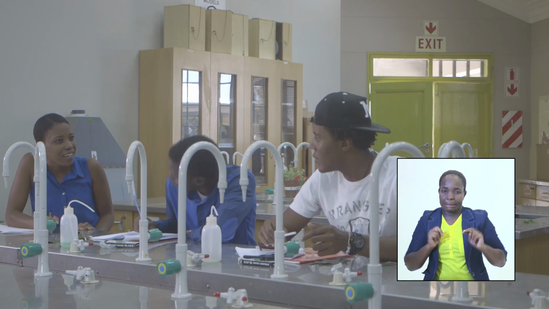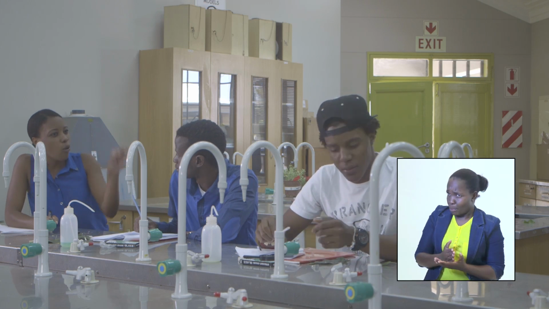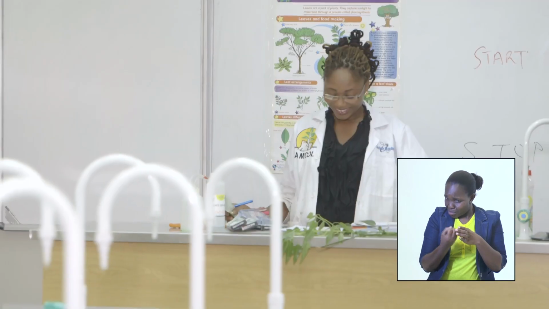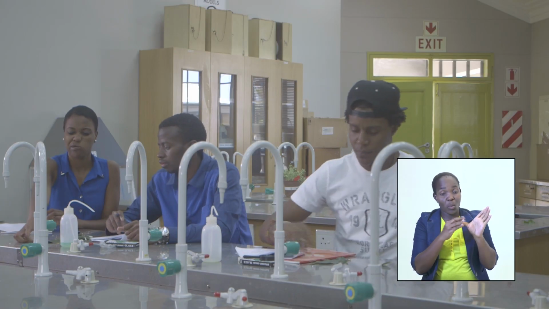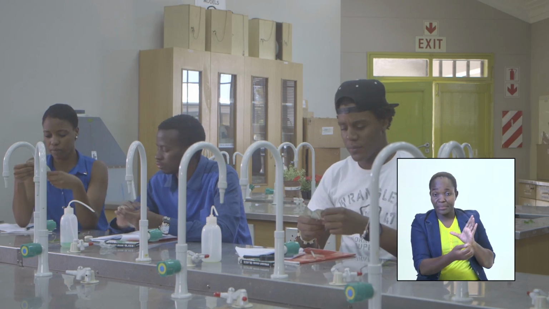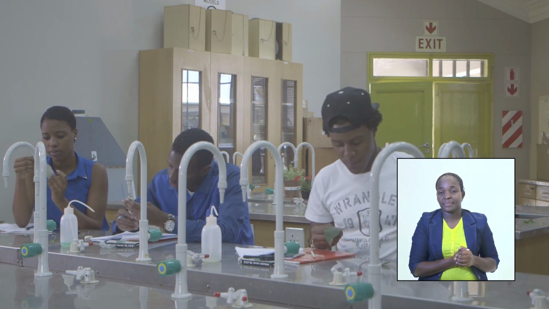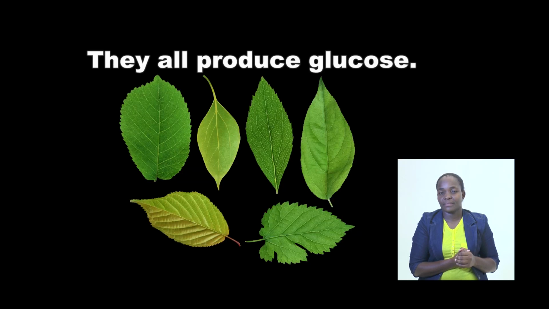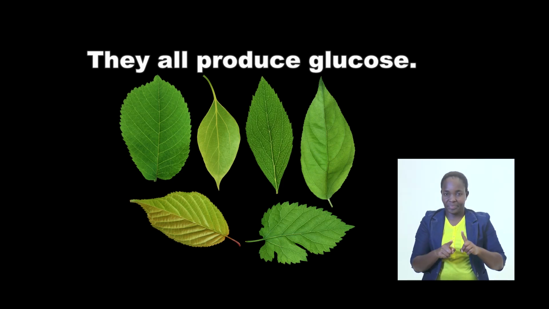Really, Miss V? Plants make their own food and ours? How does that work? Let's have a look at the leaves you have on your table. Now, as you can see, there are many types of plants, all with different types of leaves.